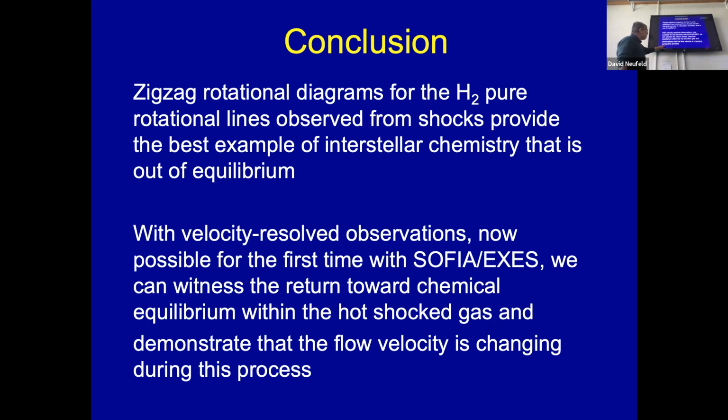But perhaps most important, I think it's one of the most direct pieces of evidence for these C-type shocks, because if it was a jump shock, the gas would heat up and then it would already have been decelerated and there would be very little further change in the velocity while ortho-para conversion was taking place. So then there would be no shift. The fact we have a shift supports the idea of these C-type shocks.